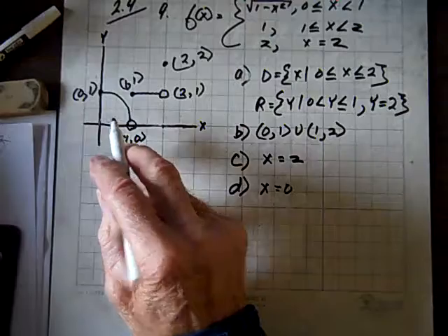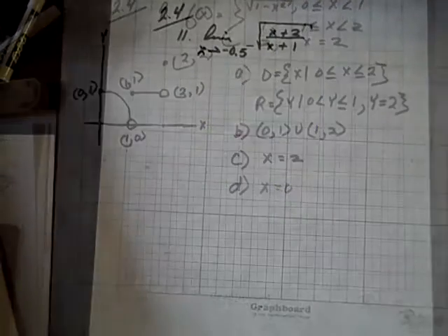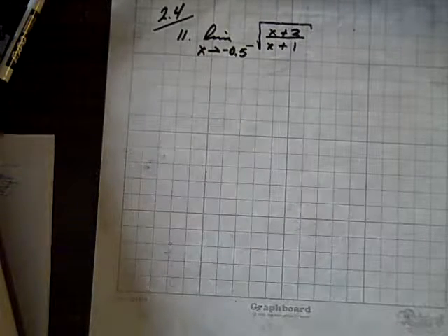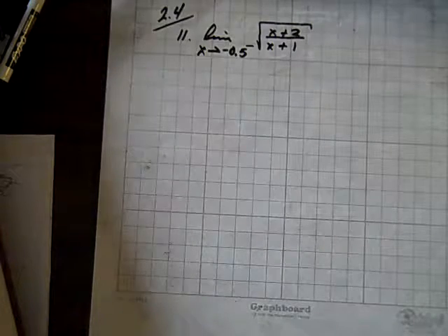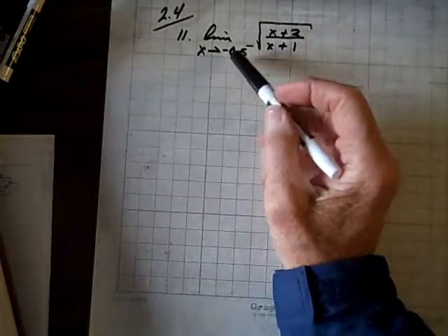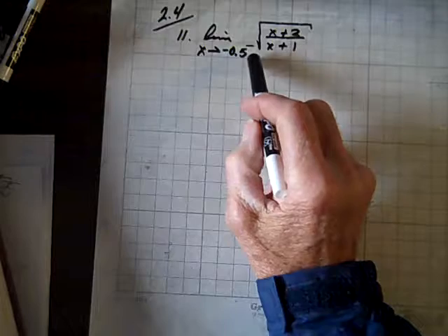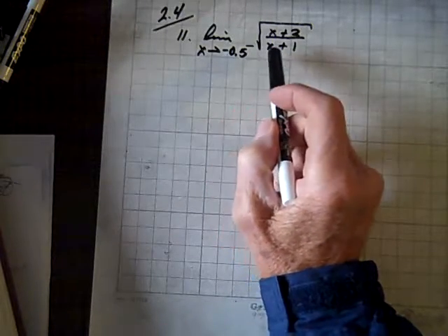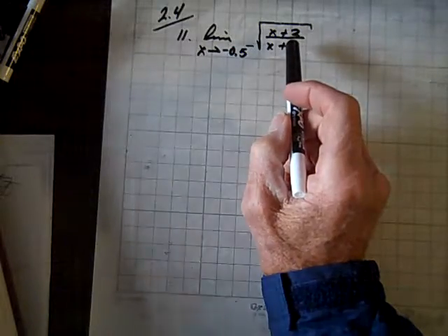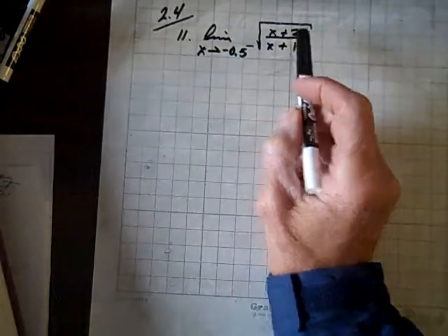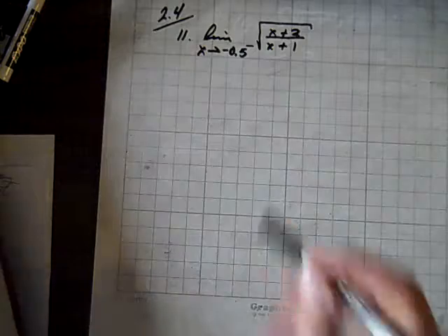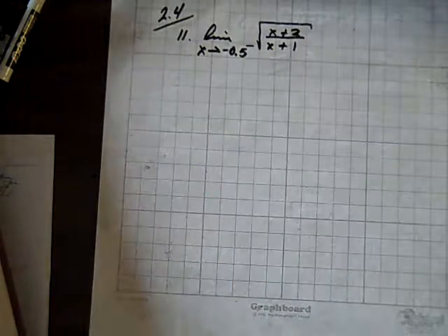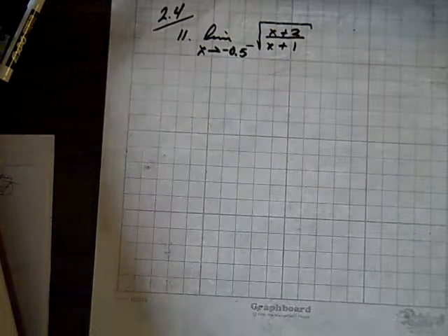So, okay, now we're doing question 11, and we've got to find the left-hand limit, because x is coming from the left, of the square root of the quotient of x plus 2 over x plus 1, as x goes to negative 0.5.